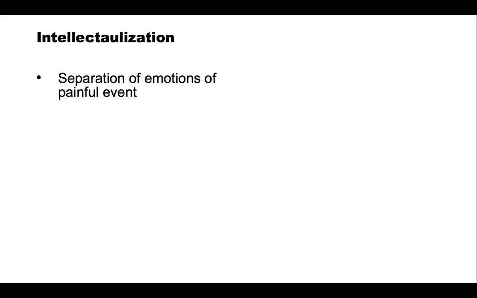For example, a young professor who receives a letter from his fiancée breaking off their engagement shows no emotions when discussing this with his best friend. Instead, he analyzes his fiancée's behavior and tries to reason why the relationship failed. This is an example of intellectualization.